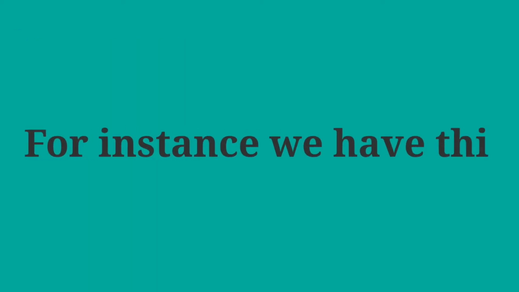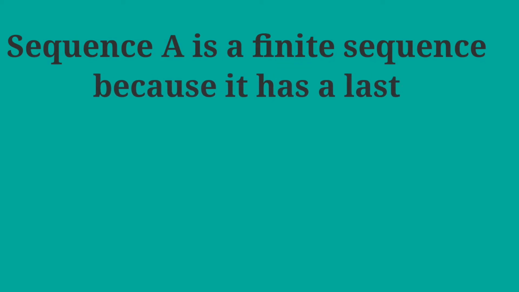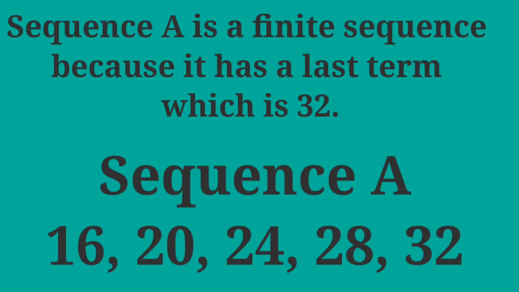For instance, we have these two sets of sequences. Sequence A is a finite set because it has a last term, which is 32. Sequence A has 16, 20, 24, 28, and 32, which is the last term.